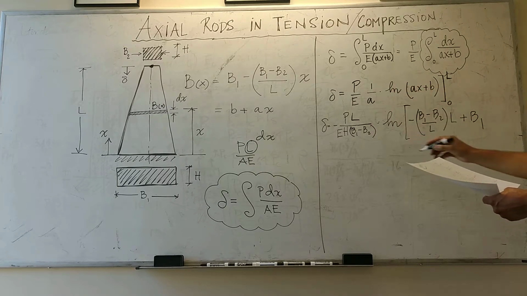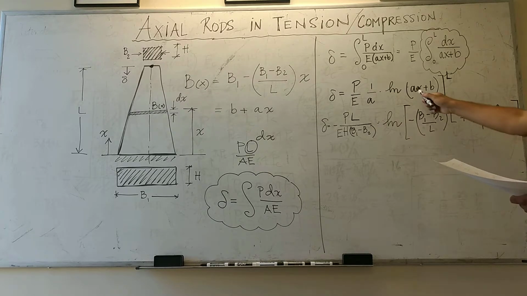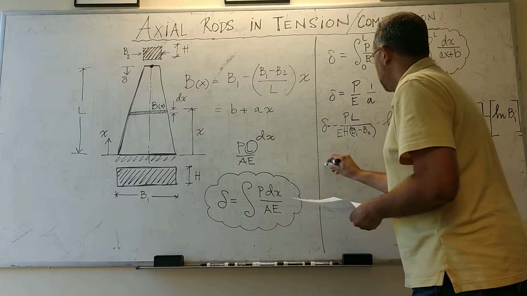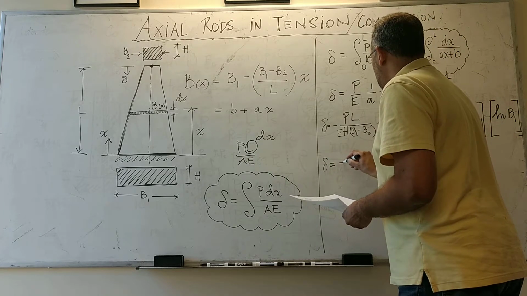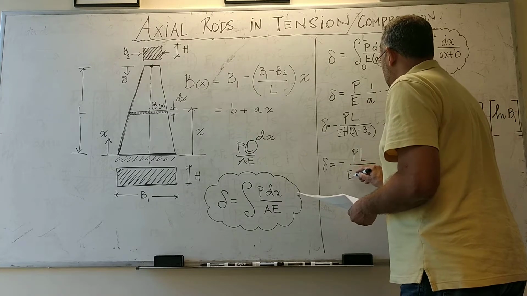In this case, we simply get minus log of b1, because this a times 0 doesn't appear anymore. So these L's cancel, and we get minus P times L over E h (b1 minus b2).